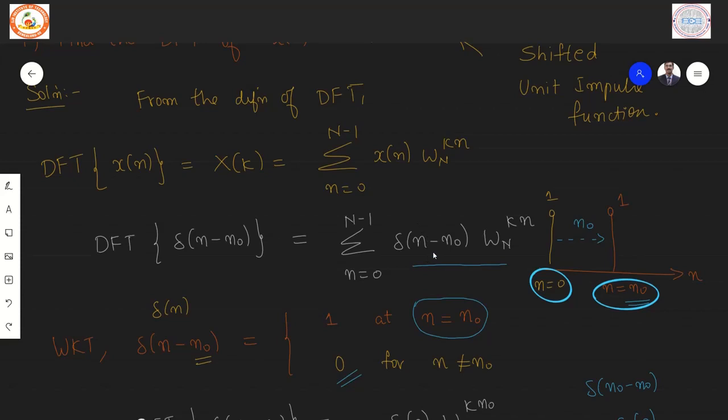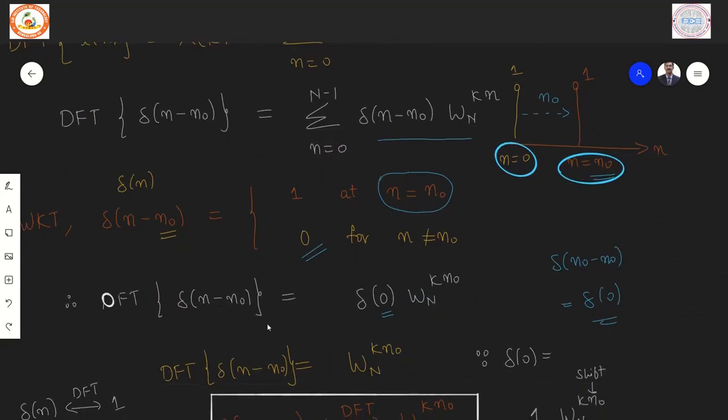And when you substitute the value 1, the result of substitution will look something like this. So there's no need of summation now. We are taking only n is equal to n naught. Therefore, we have delta of 0 W_N to the power of k n naught because n is equal to n naught.